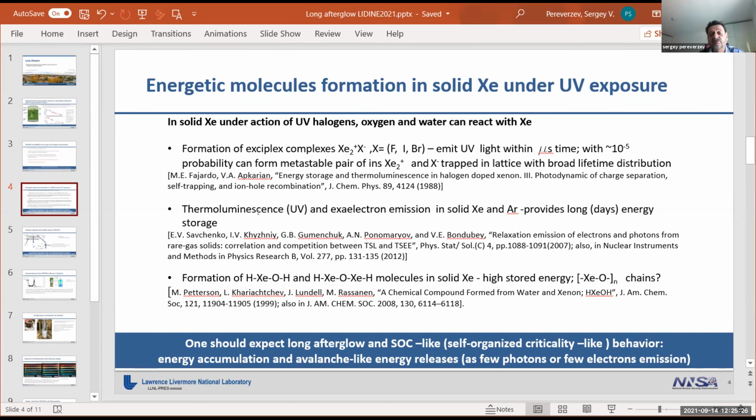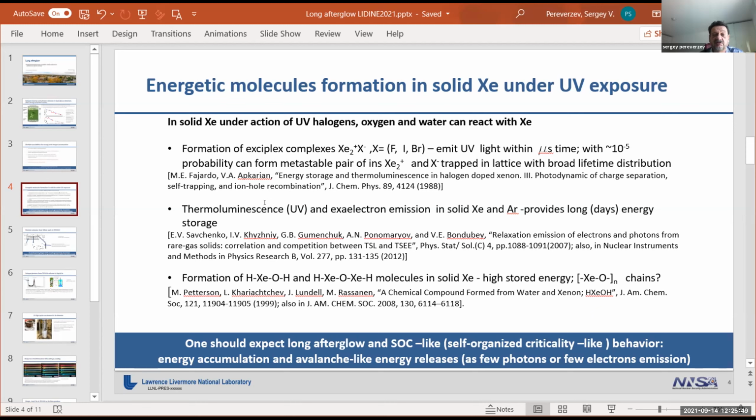The other objects are, well, it's also known that in solid xenon and argon you can have thermoluminescence and exoelectron emission if you irradiate the solid with any ionizing radiation or UV, then start to raise the temperature.